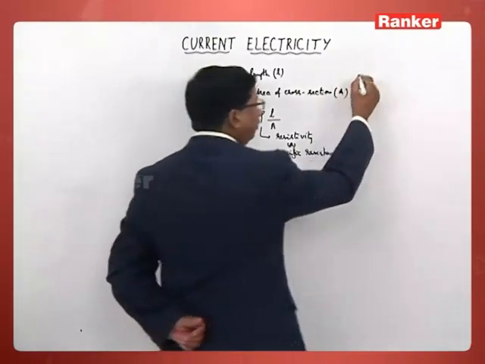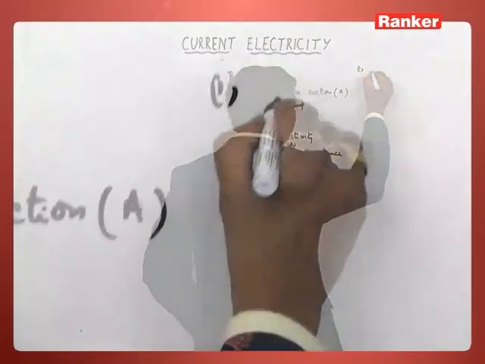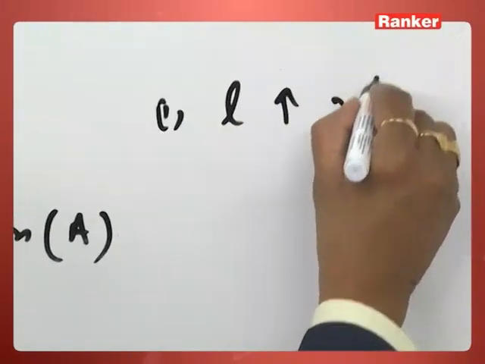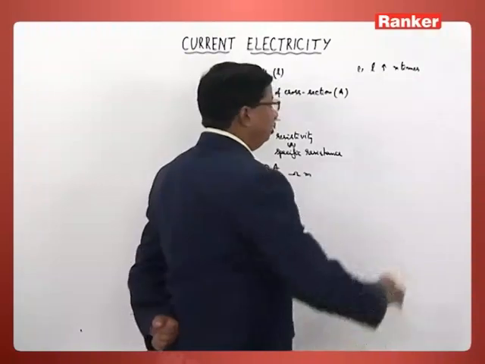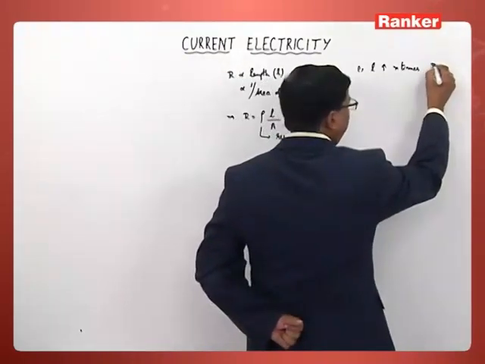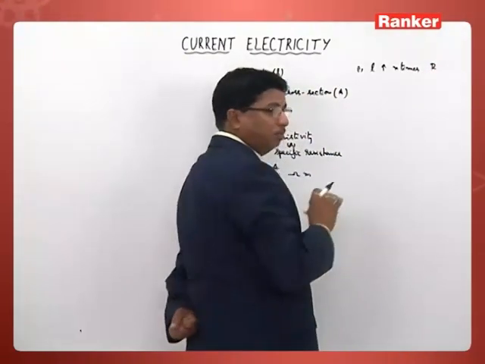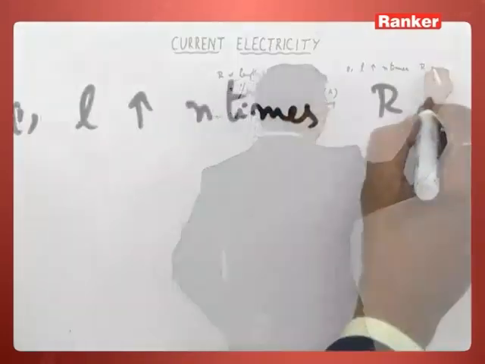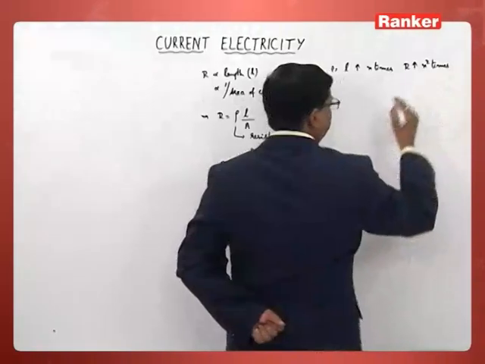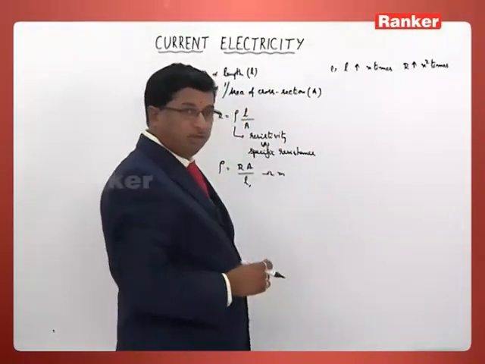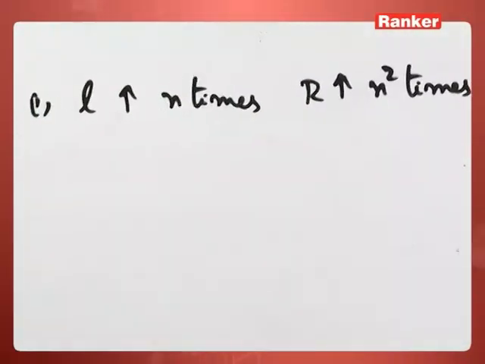One case I just give you in this regard. Suppose length increases by n times, then you directly can understand resistance now becomes how many times? N square times. Observe this concept carefully. Resistance becomes n square times.